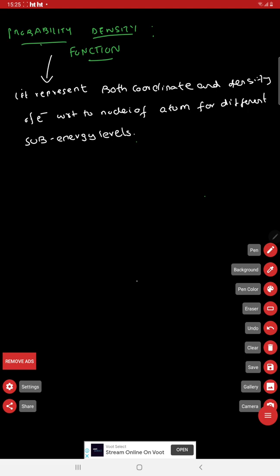So it represents both the coordinate and the density of the electron with respect to the nucleus of the atom for different sub energy levels.